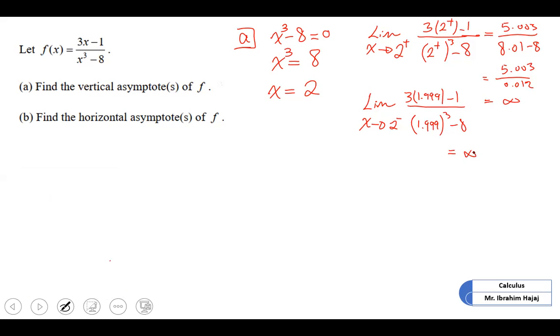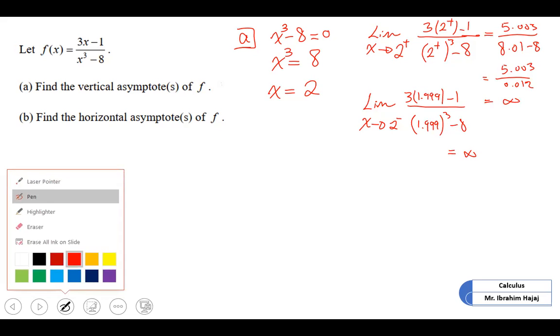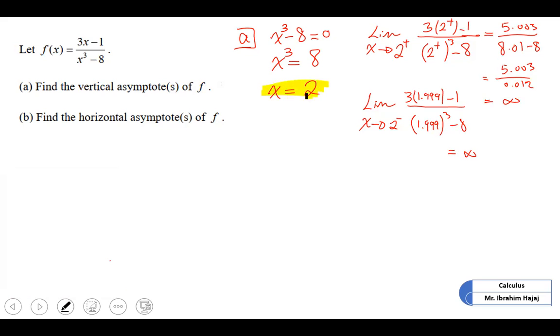So we have a vertical asymptote at x equals 2, and we make sure it's positive, positive, from the right and left of 2.